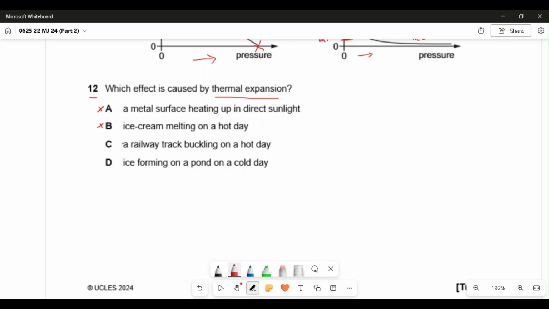So yes, this is expansion due to the heat caused. So this one is true. Ice forming on a pond on a cold day. Whenever there is a cold day, ice is formed on the pond. That is liquid converting into ice, but there is no expansion seen here. So option C is our right choice.